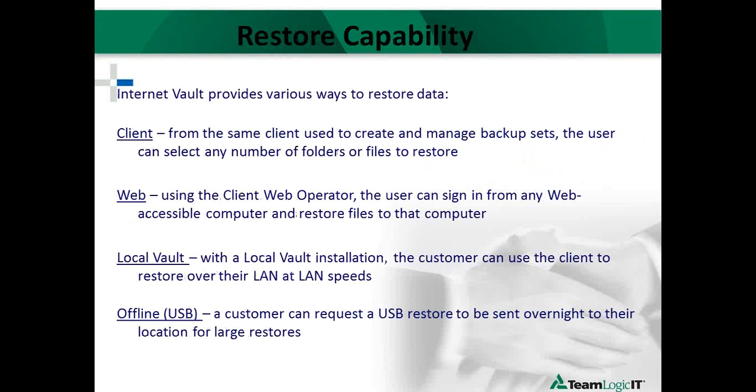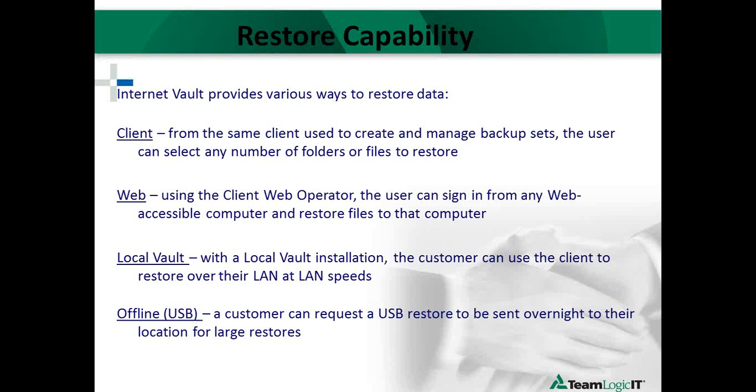The most important thing with online backup is making sure that you can get your information back. This is one thing, when you deal with a lot of other companies, it can take quite a bit of time to get the information back. With TeamLogic, we have 4 different ways that we can get your information back. We can always pull it back online.